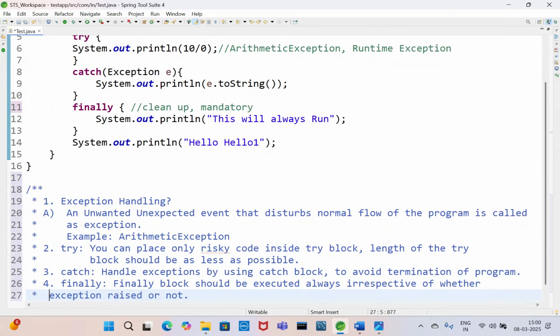These are the most important points about exception handling in core Java.